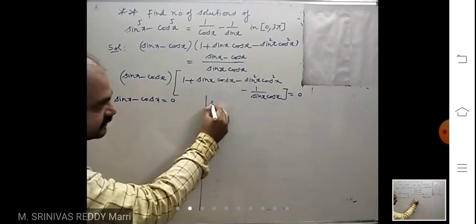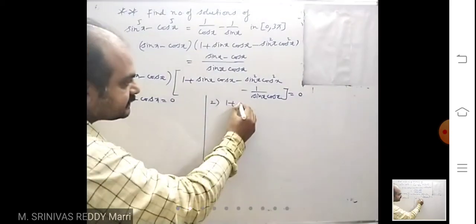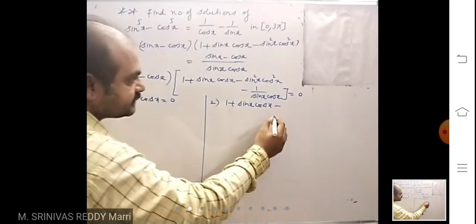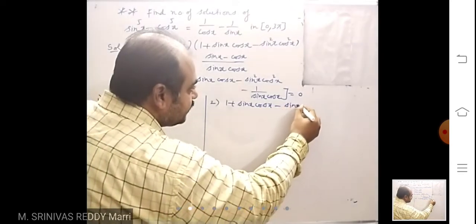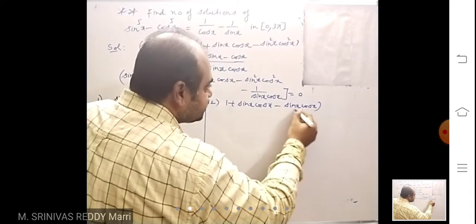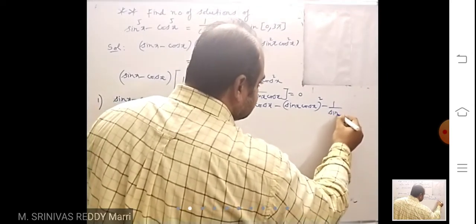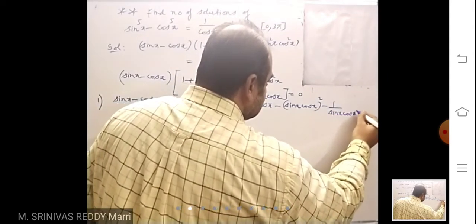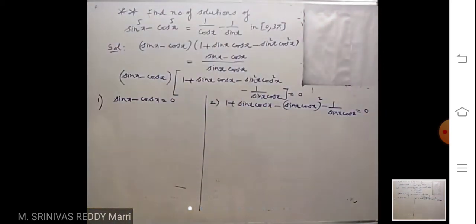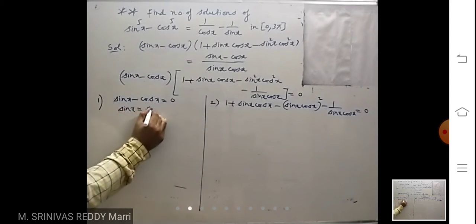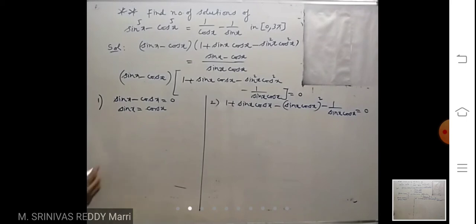Second case, you will get 1 plus sin x cos x minus sin x cos x whole square minus 1 by sin x cos x equal to 0. That you will get. Now I am solving this one. Sin x equal to cos x. Bring cos x this side. Tan x equal to 1.